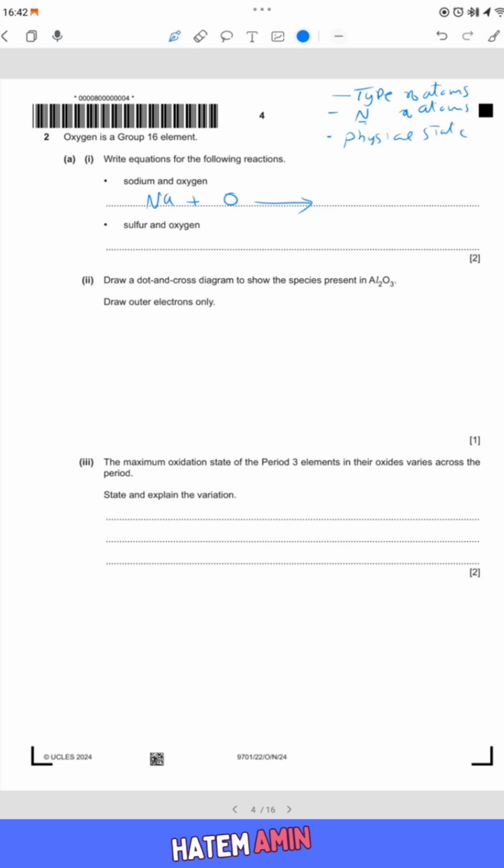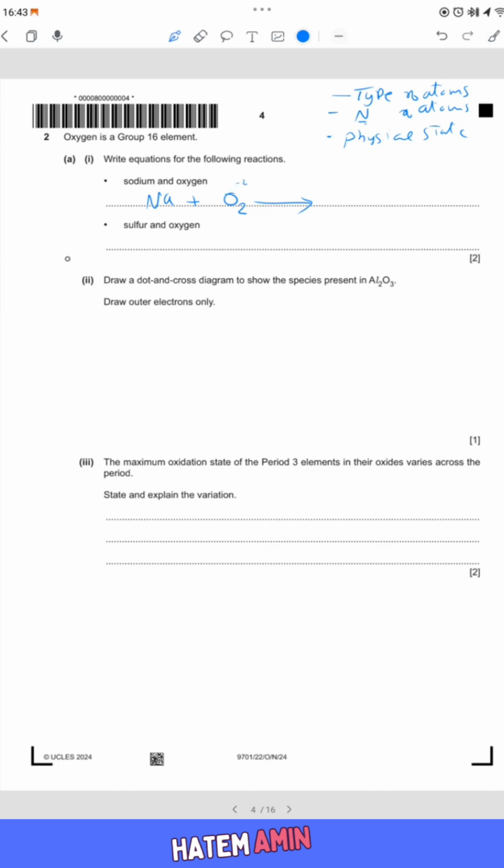First, here is the sodium. If it reacted with oxygen, can we write just one oxygen? No, we cannot. Why? Because oxygen is a non-metal and it must be O2. If it reacted with sodium, it needs how many sodium according to the common oxidation number for each one? Oxygen, we know it's -2.